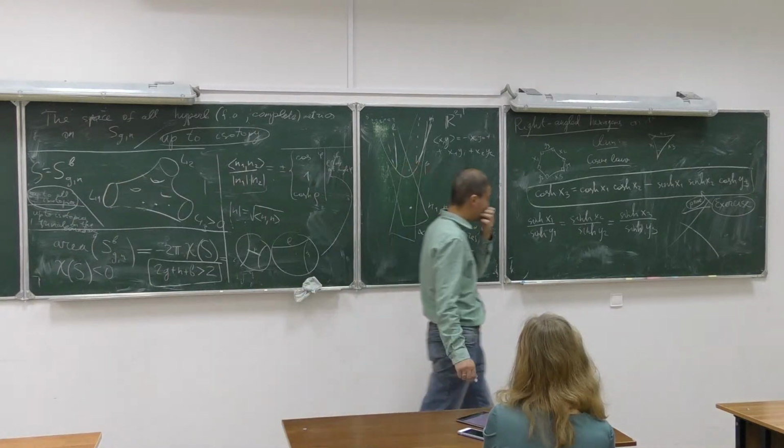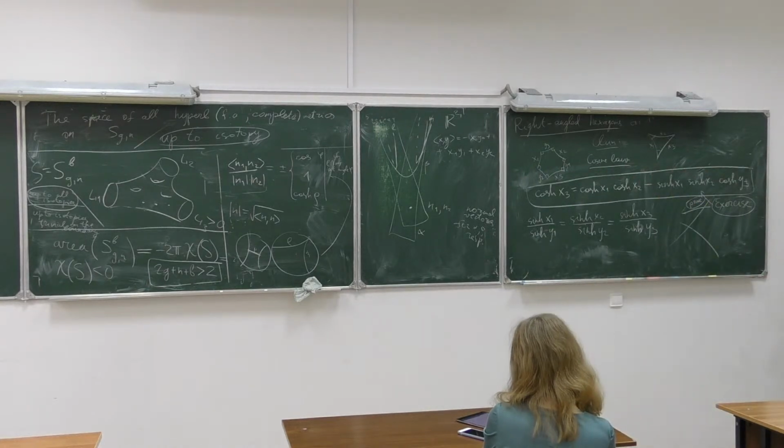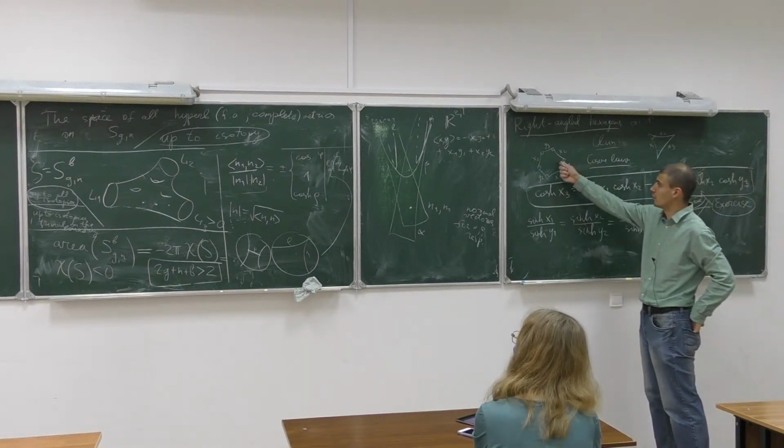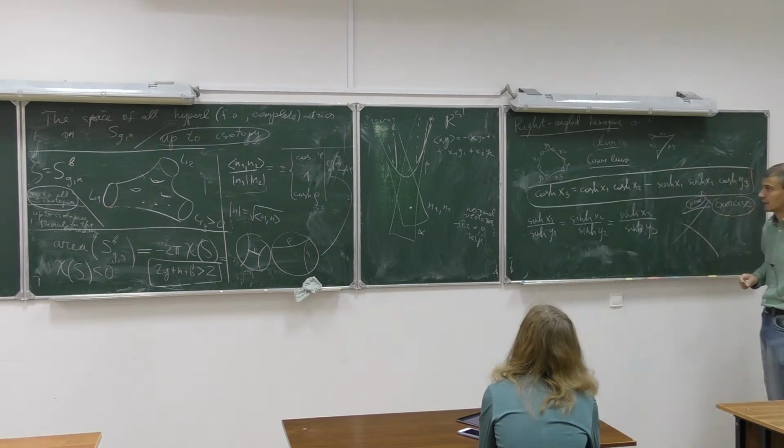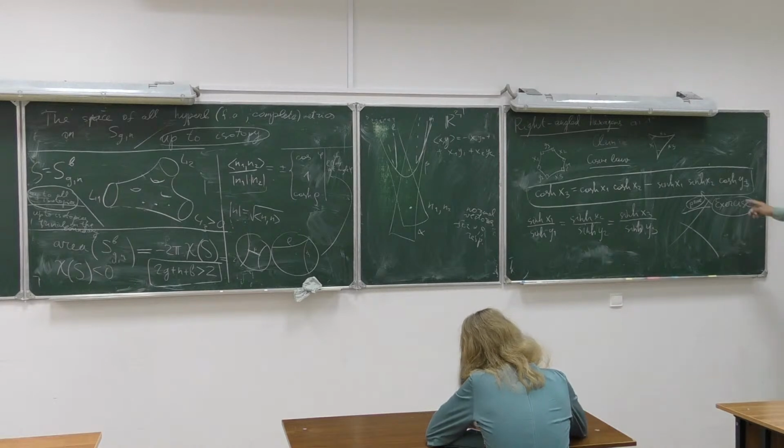So we have this formula, and it says that if we have such a right-angled hexagon, then the most important for us is this cosine formula.